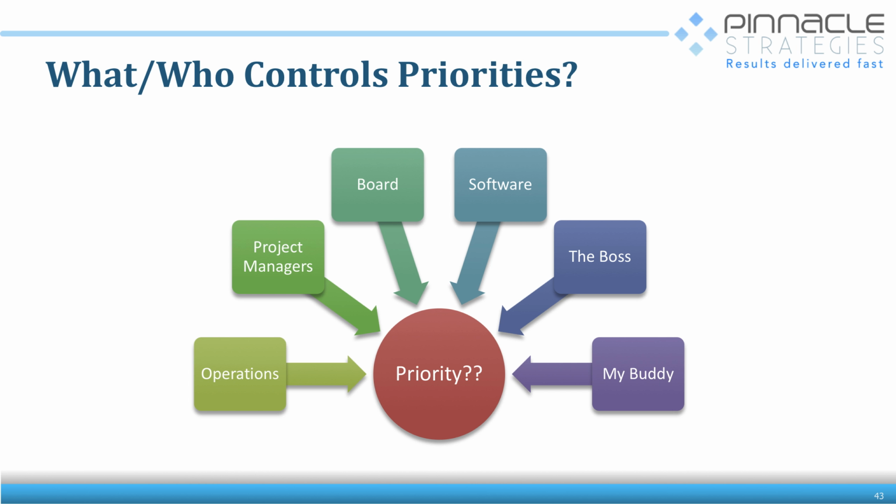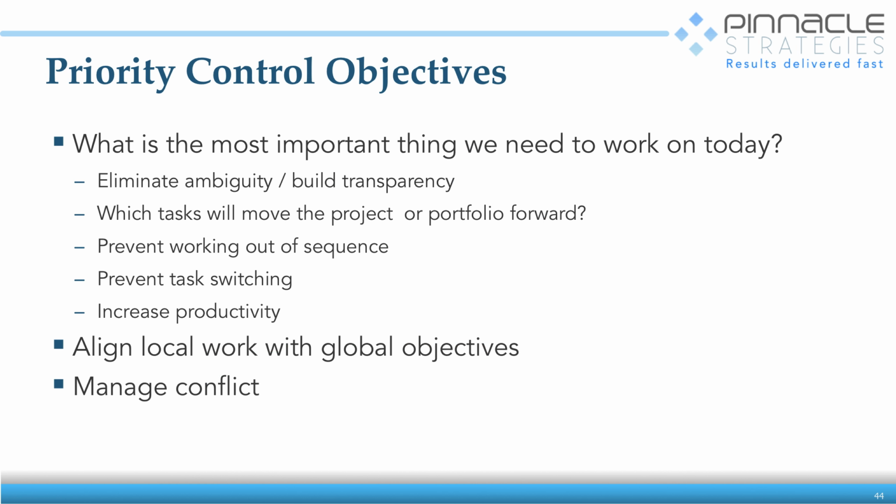So there's no standard method in many organizations of normalizing priorities or communicating or establishing or resolving conflicts between priorities at the portfolio or even at the project or task level. So what we're focusing on here is to give clear direction to the people who are actually doing the work.